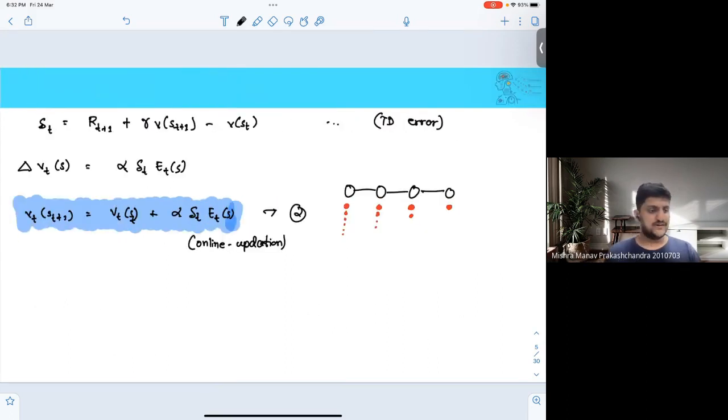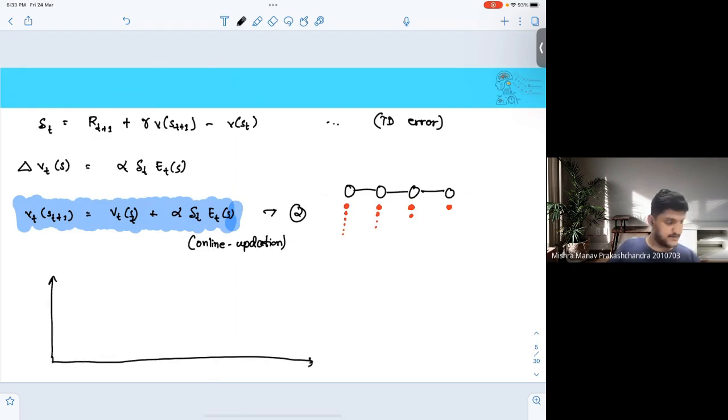So this is one sort of a trace that we have. Another type is known as replacing traces. Okay, so again, this is times of state visit, and this is the eligibility trace.